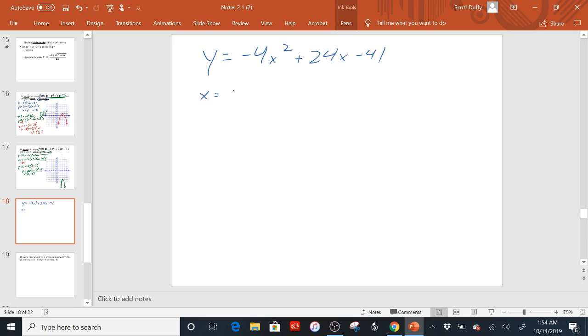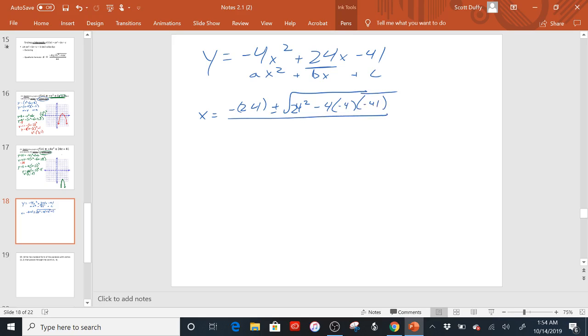Your x-intercept is equal to negative b, so your b value is 24, in the form ax squared plus bx plus c, plus or minus the square root of b squared, so 24 squared, minus 4ac, so negative 4 times negative 41, all over 2a, so negative 4.